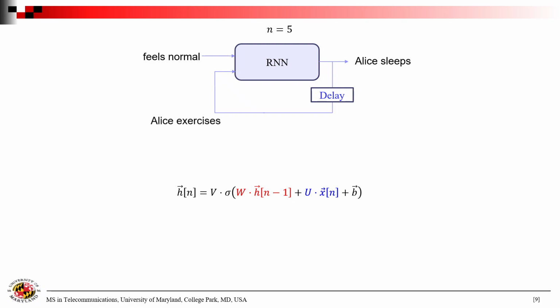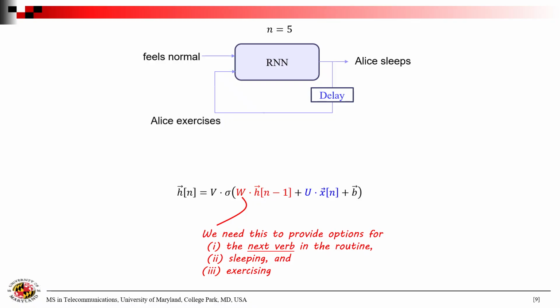Now, all this should be represented by our dynamic equation. And we know that the feedback part, W, has to provide options for us that are either Alice is following her routine, in which case you have to keep track of what she did yesterday in order to know what she's going to do today.